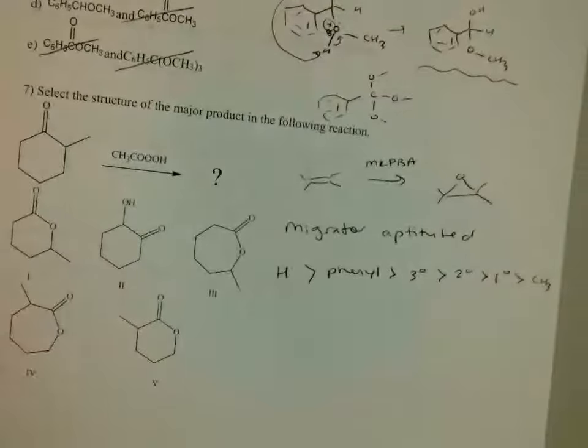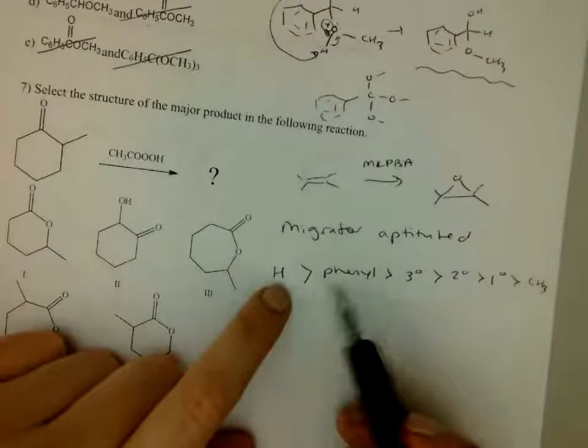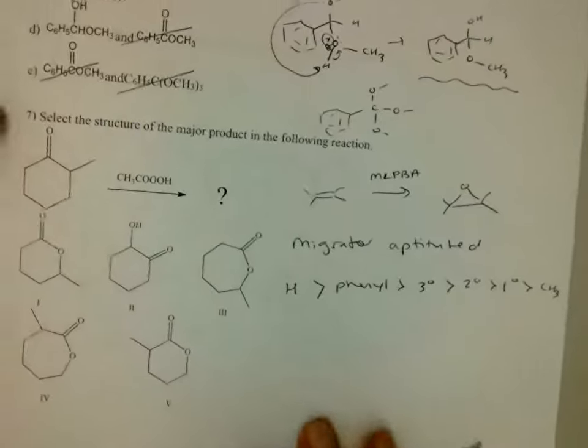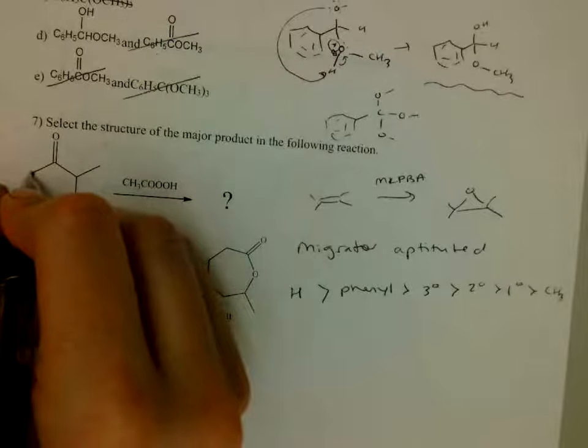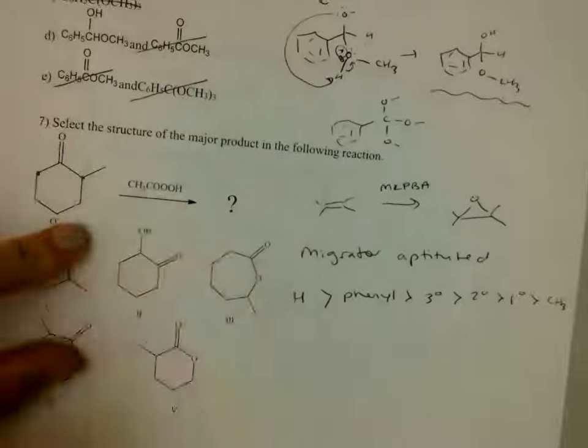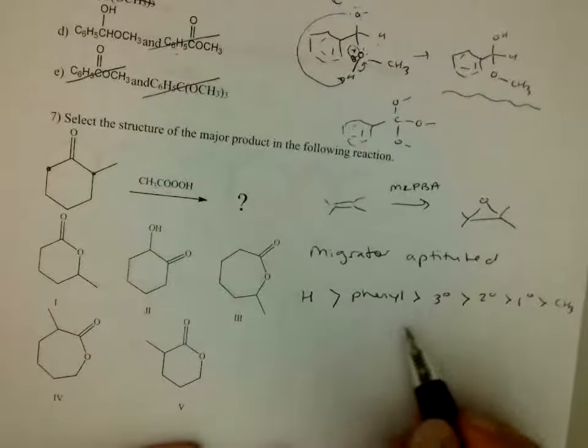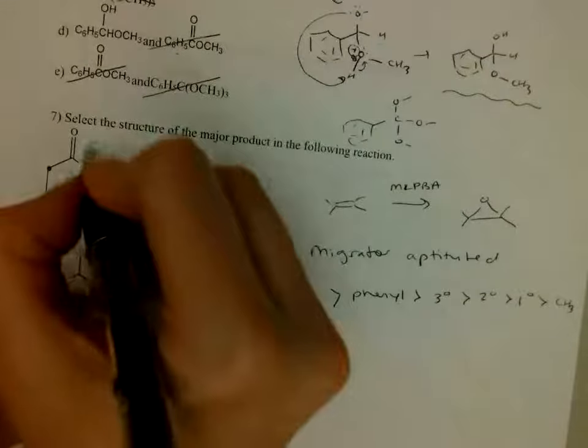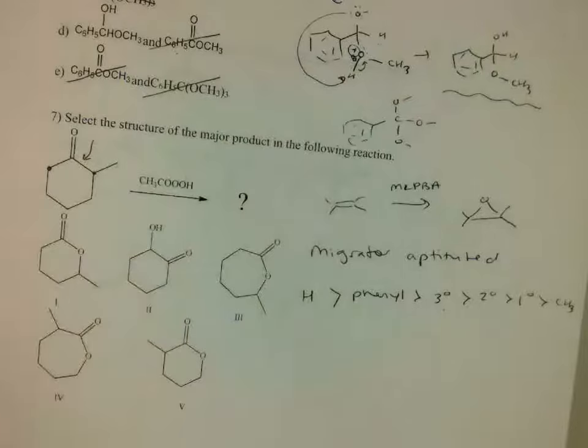Okay, so what this means is whichever side has this group is going to move more easily. So up here, you have a secondary or a tertiary. So the tertiary is ahead on the list, so the oxygen is going to insert itself right there.